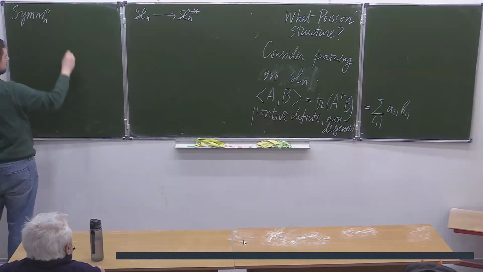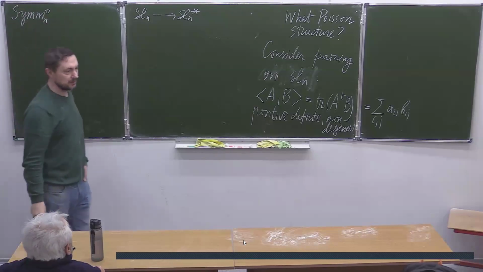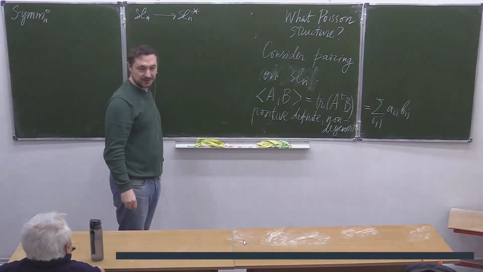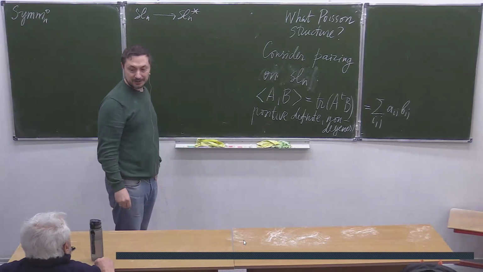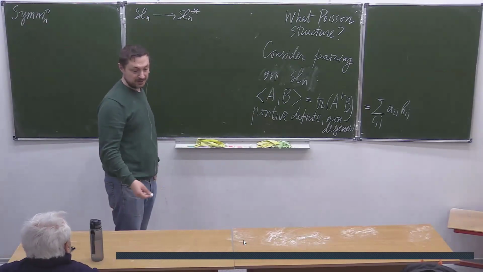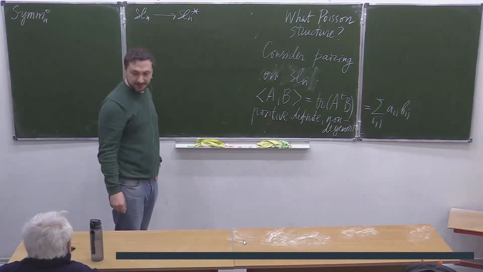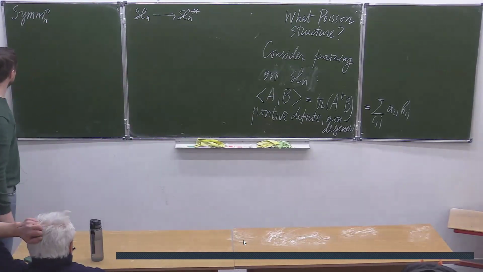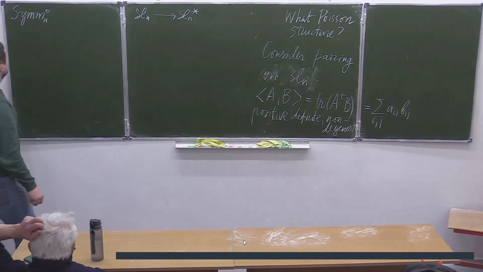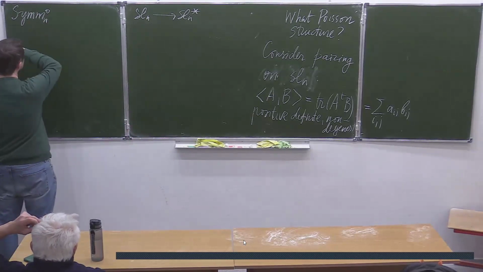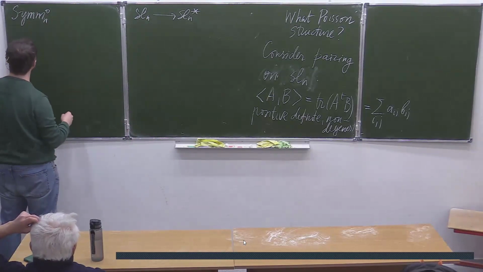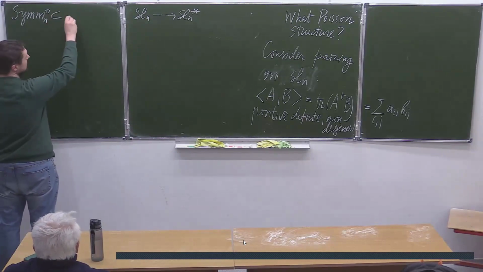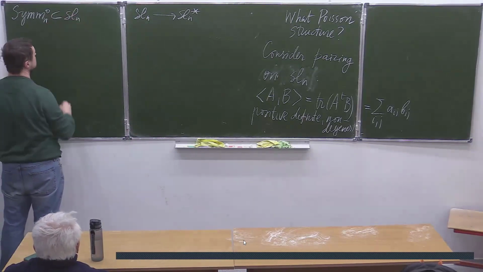Traceless matrices, well, we can actually restrict our attention to traceless matrices because, as we know, the trace of the matrix is a first integral of the equation. Actually, it is not just a first integral, it's a Casimir function. We will see this probably in a very short time. So let's fix the trace to be equal to 0. So this is an element in sl_n.